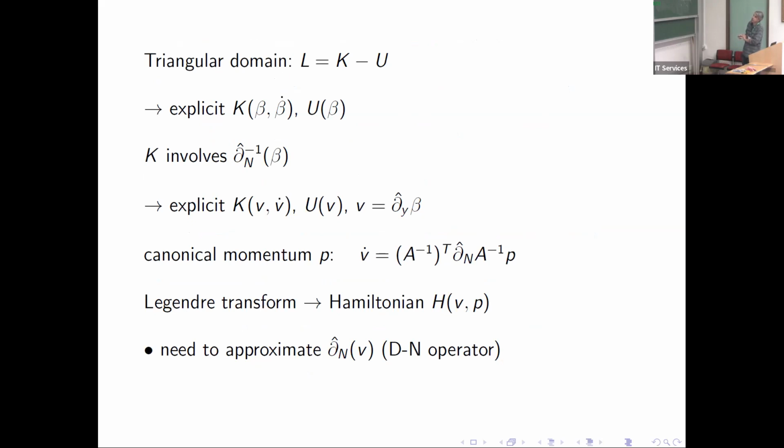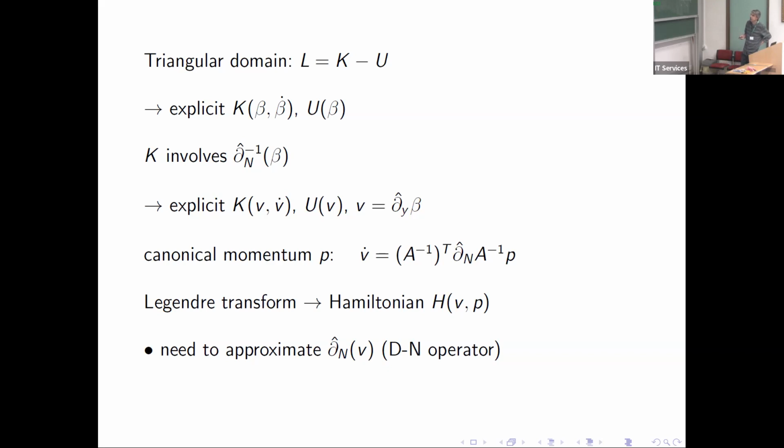And this expression involves the inverse Dirichlet-Neumann operator that we have to compute as an operator. I mean, we have defined it, but we then apply the formal machinery of the Legendre transformation to get the explicit kinetic energy. Well, it's not explicit yet. It involves the canonical momentum, which is explicit. There are some operators that are known explicitly, they have to be approximated, and this is the Dirichlet-Neumann operator that has to be actually computed or approximated.